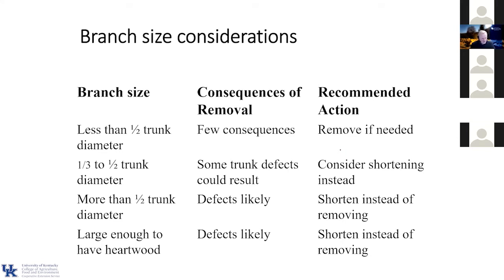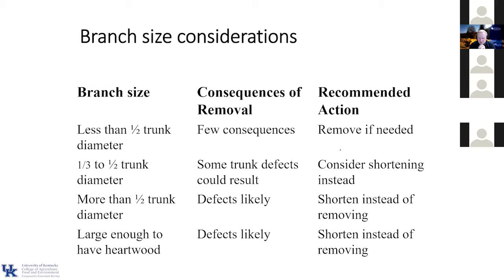Now, as you get into bigger limbs, 1/3 to 1/2 the trunk diameter, you have to be very careful about pruning cuts there. You have to make a great pruning cut. And even if you do make a good pruning cut, you may still have some things like decay and defects that come as a result of those large limb prunings. Now, limbs that are even larger than 1/2 the diameter of the trunk, defects are almost guaranteed.